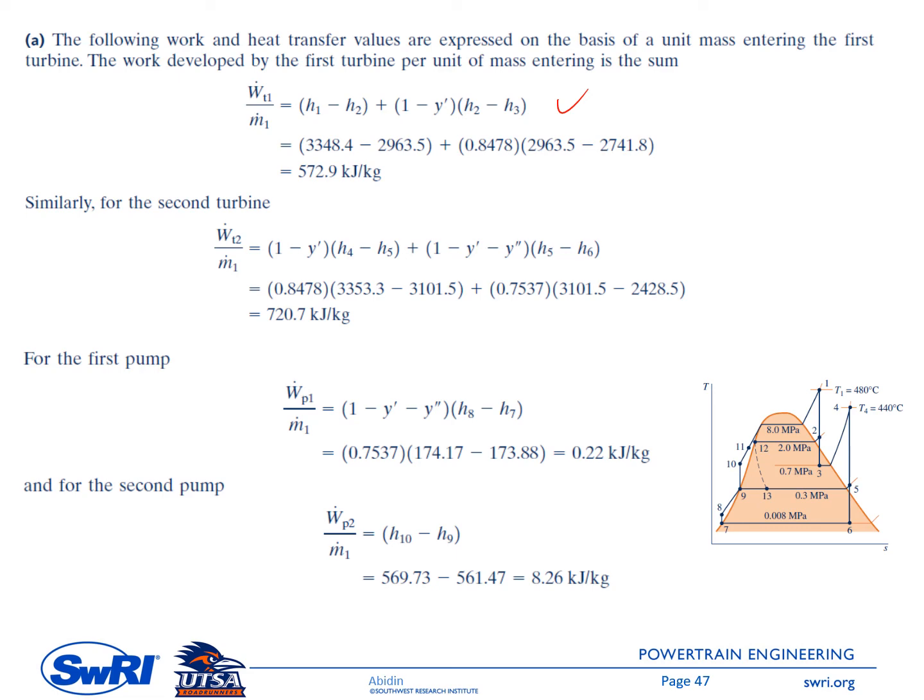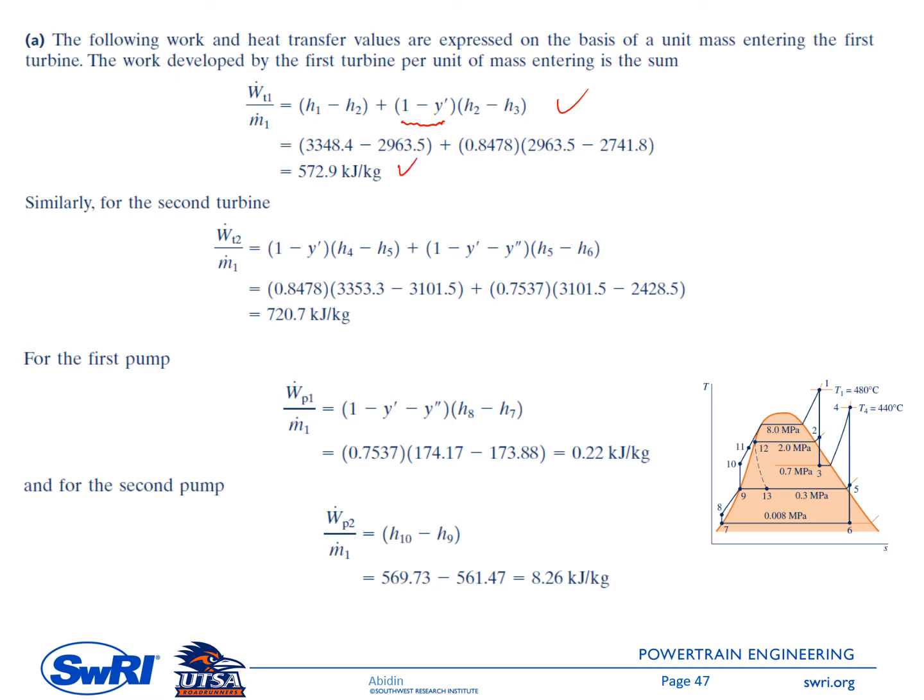The first stage turbine power is m dot 1 times h1 minus h2, and then plus m dot 1 times 1 minus y prime, because some of the working fluid has been extracted to the feed water heater, so we have less working fluid going to the next one, times h2 minus h3. You just plug in all numbers using your calculator, and you should be able to get this one.